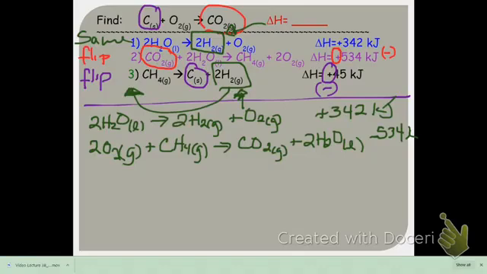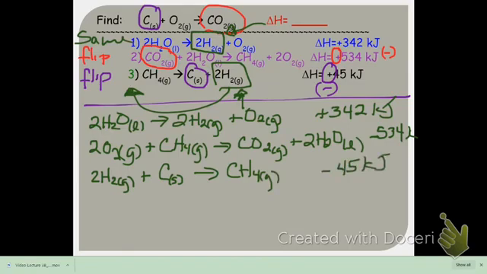Okay? And our third one, we're just going to flip. So our products become our reactants, reactants become our products. This is going to become 2H2, the gas, plus C, carbon solid, produces CH4, the gas, and our delta H is going to change to a negative 45 kilojoules.